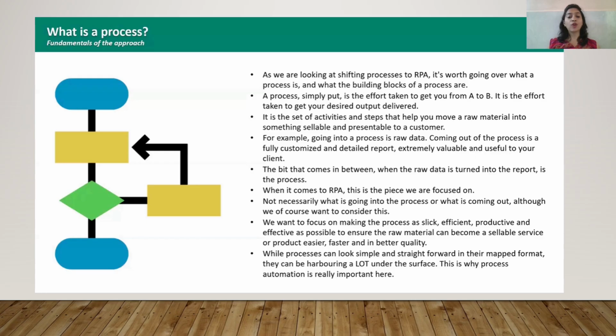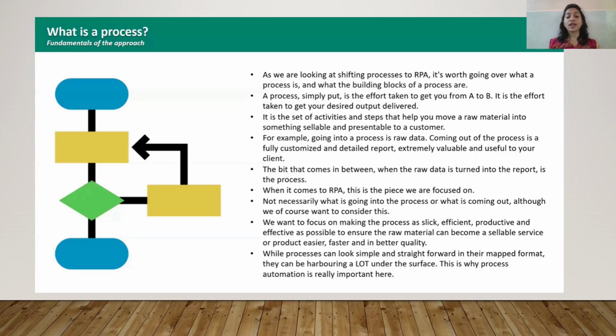When it comes to RPA, this is the piece we are focused on, not necessarily what is going into a process or what is coming out, although we of course want to consider this. We want to focus on making the process as slick, efficient, productive and effective as possible to ensure the raw material can become a sellable service or product easier, faster, and with better quality.